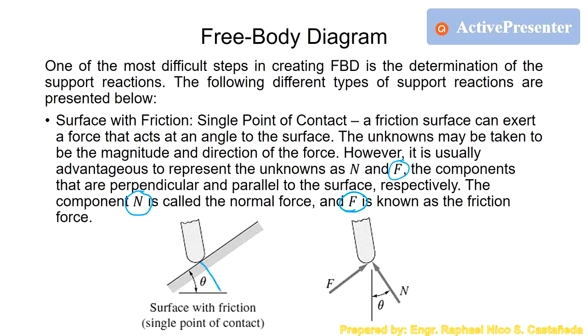So if this is the normal force, which is 90 degrees to the surface, this is the surface, the friction force is parallel to the surface. So basically, the two forces form 90 degrees. So that's how you calculate or assume the direction of the forces.